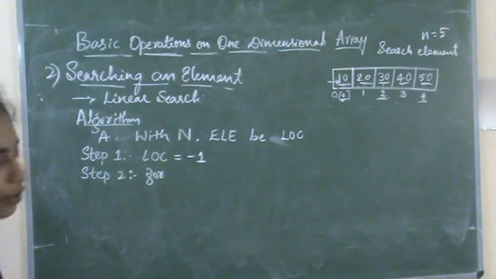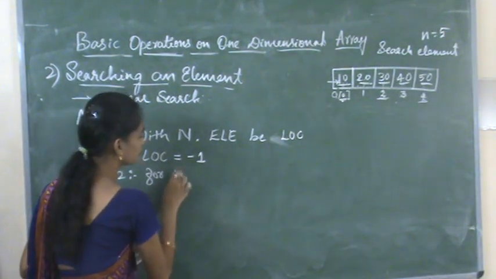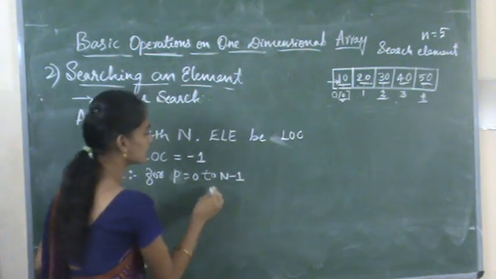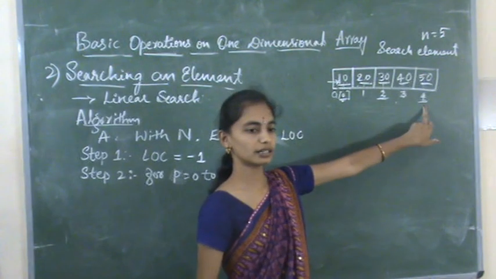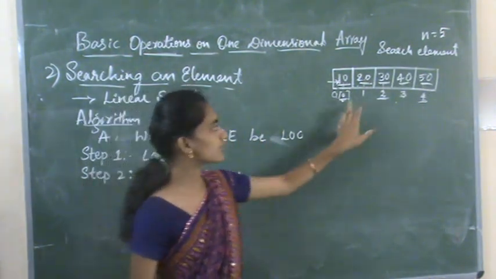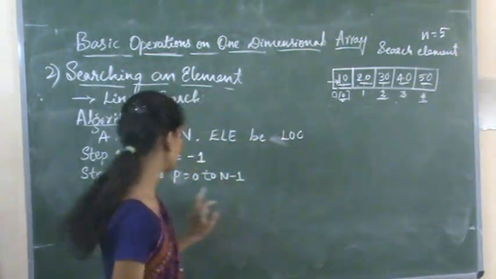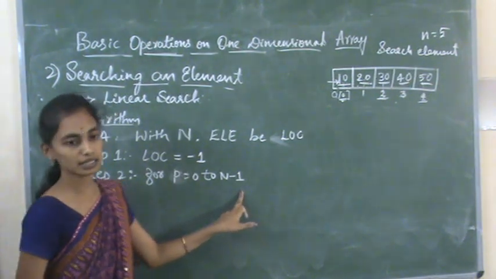This for loop starts from 0 to n minus 1, because the array stores values up to n minus 1. If we consider n as 5, the array has indices 0 to 4, and 4 is the last element. So we are using P is equal to 0 to n minus 1.